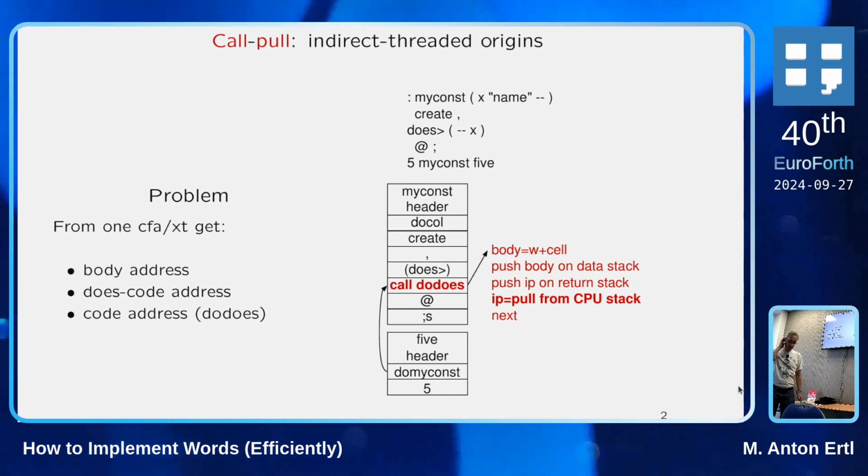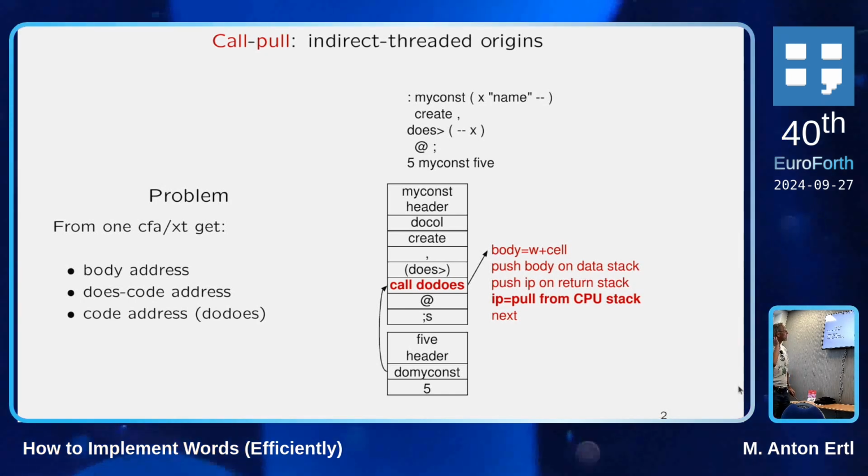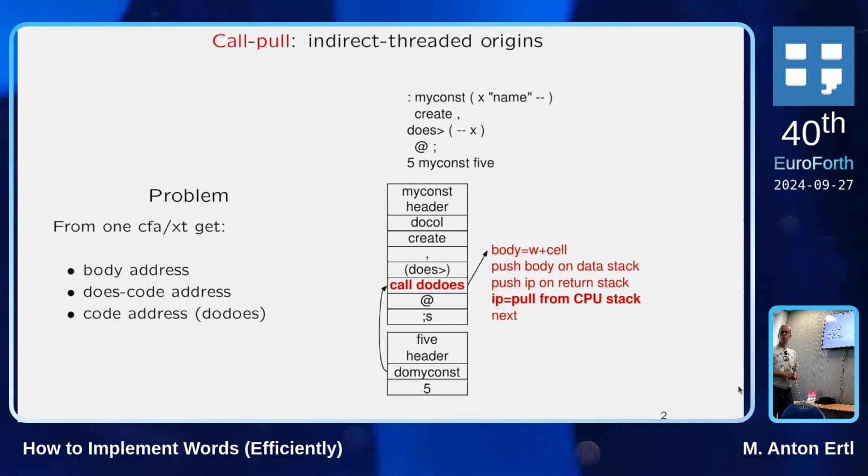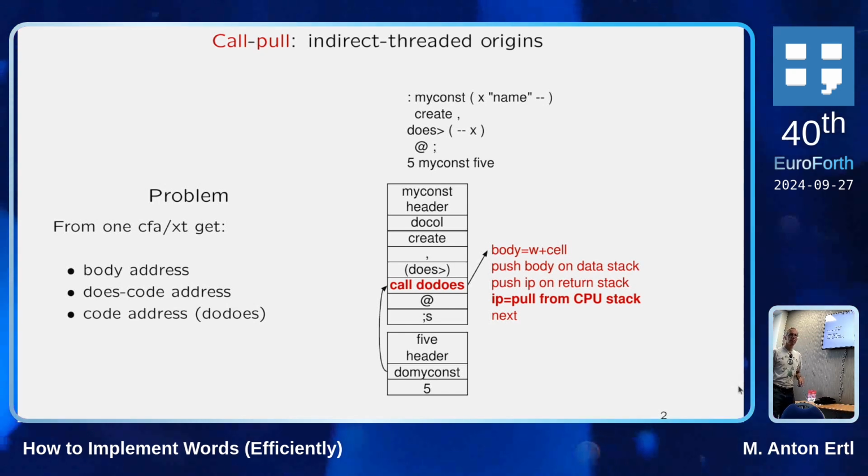Basically we'll find that call pull is the problem, and where does this come from? All the red stuff I'll be presenting here is always native code. The black stuff can be something else, typically data.